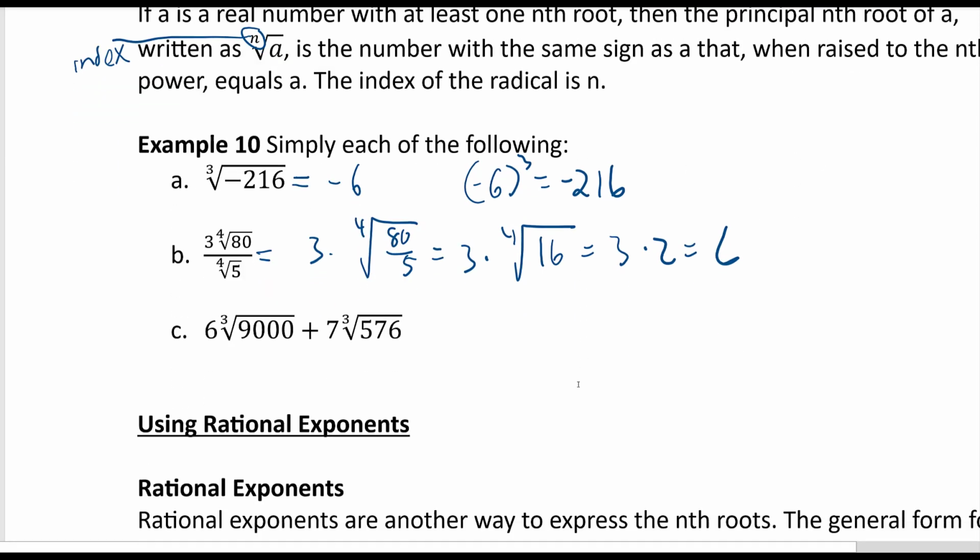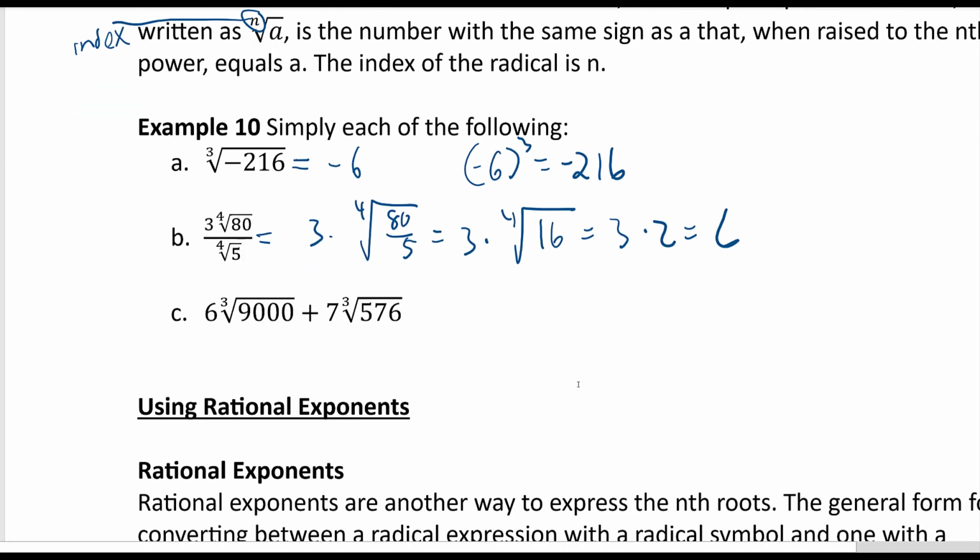And then this last one here, we have 6 times the cube root of 9,000 plus 7 times the cube root of 576. So we need to think about what we can break out of here. What jumps out at me is that 9,000 could be written as 9 times 1,000, where 1,000 does have a cube root of 10.